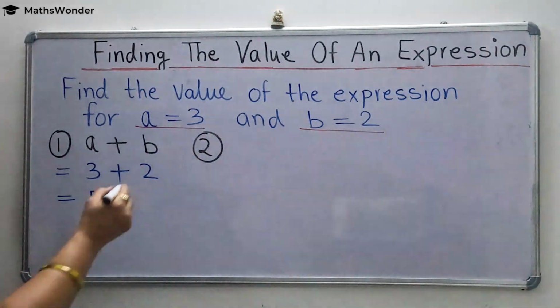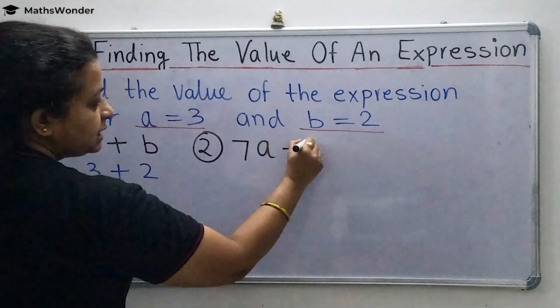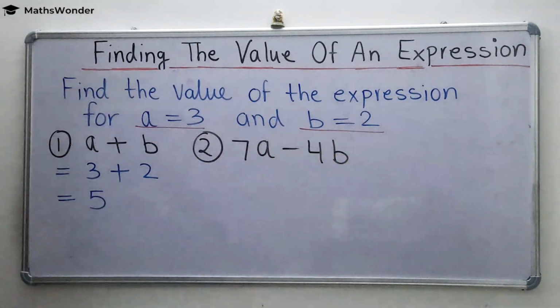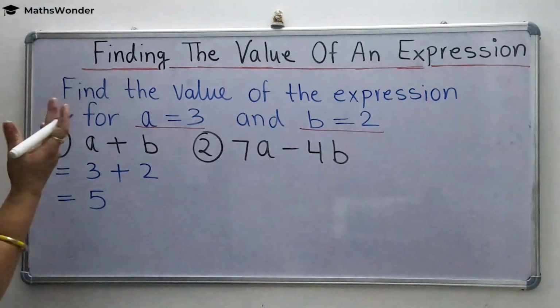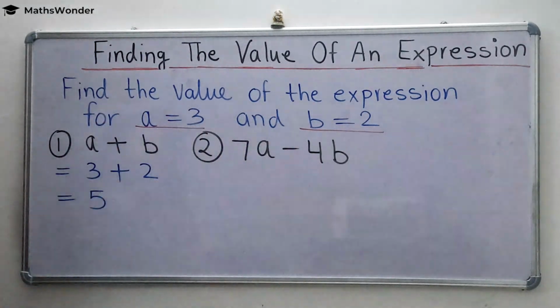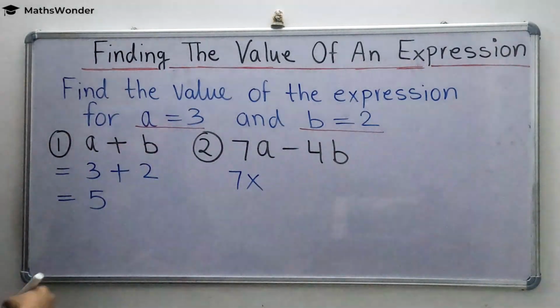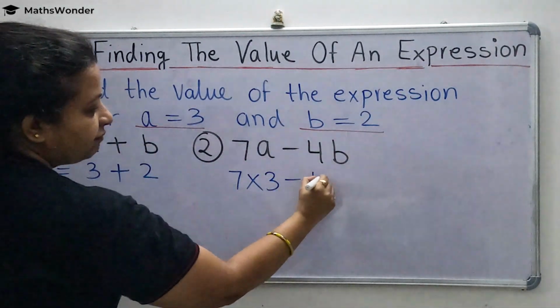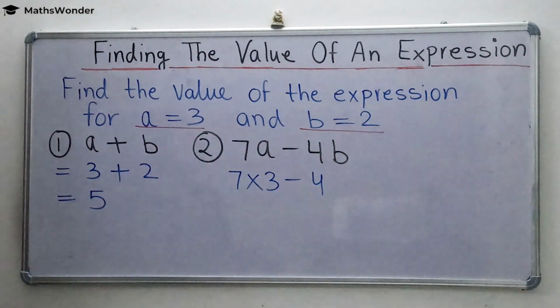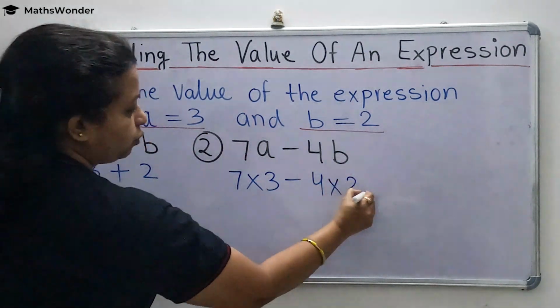Now, the second is 7A minus 4B. Now, A's coefficient is 7 and B's coefficient is 4. So 7A means 7 times A, and the A value is given in the question, which is 3. Same, 4B means 4 times B, and the B value is 2.